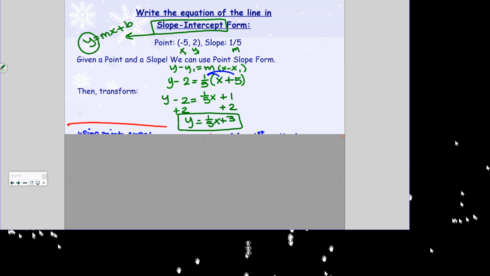And once you isolate y, you have your equation in slope-intercept form. So it's kind of neat because we never actually had to solve for the y-intercept. By doing our transformation, it just appears at the end, and that ends up being our b, our y-intercept.